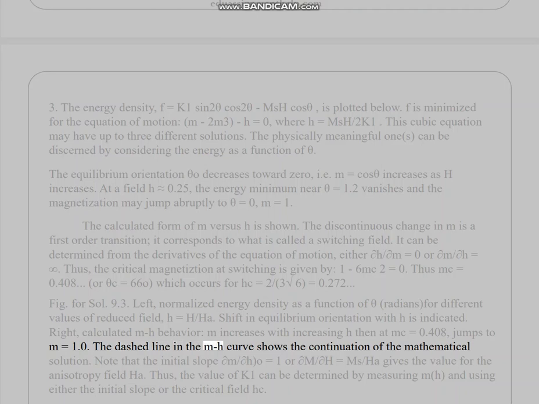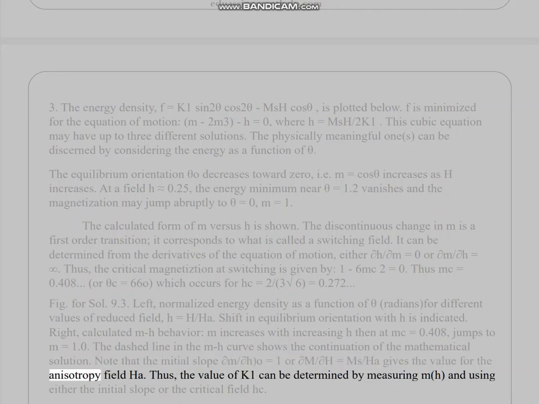The dashed line in the mh curve shows the continuation of the mathematical solution. Note that the initial slope dm/dh equals Ms/Ha gives the value for the anisotropy field Ha. Thus, the value of K1 can be determined by measuring m(h) and using either the initial slope or the critical field hc.